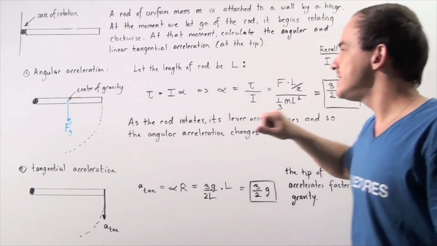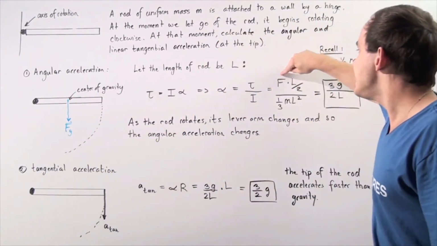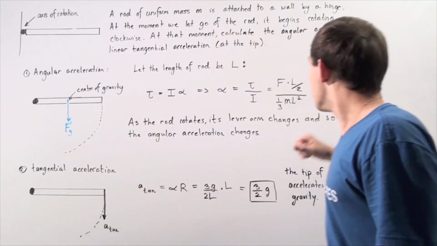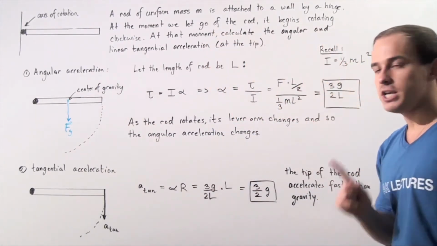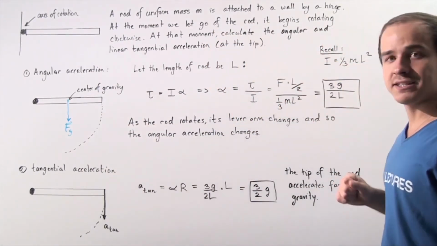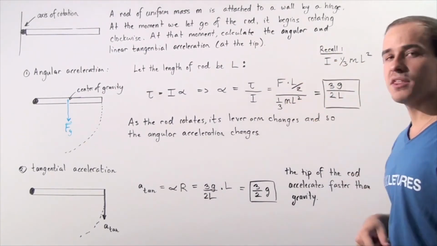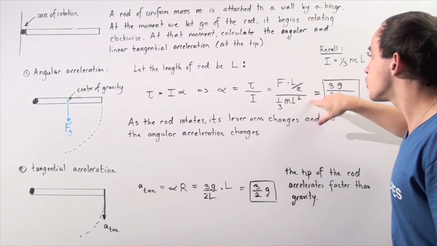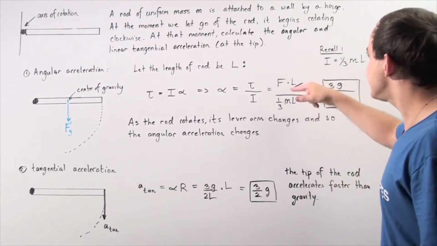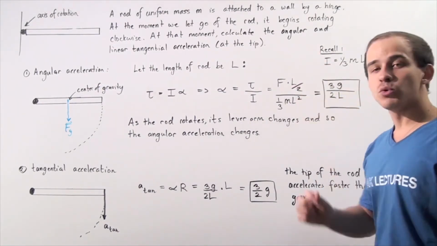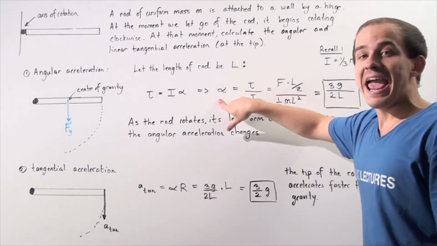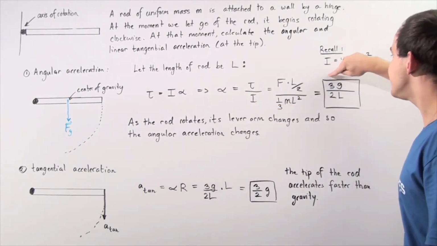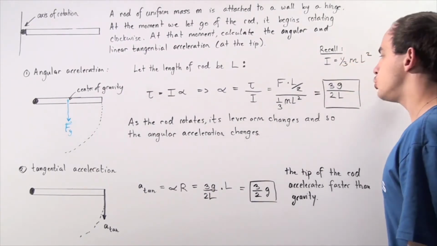F is simply the force of gravity, and F multiplied by the lever arm gives us our torque. So F is M times g. Notice that M appears at the top and the bottom, so we cancel them out. Now we have one L at the top and two L's, or L squared, at the bottom, so we cancel out one of the L's. We're left with the angular acceleration of the object equal to 3 times g divided by 2L.